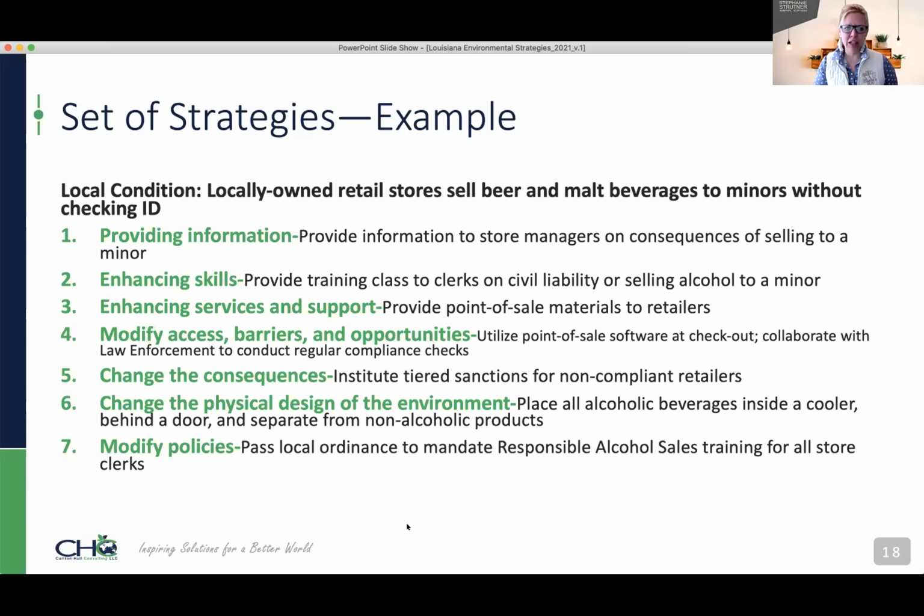So this is just an example of a set of strategies, but as you see how these work together, passing a local ordinance mandating responsible alcohol sales training ties to enhancing skills of actually providing that training. So in the community where I worked, we got a regulation passed, a local ordinance passed, that all store clerks had to be trained in responsible alcohol sales training.